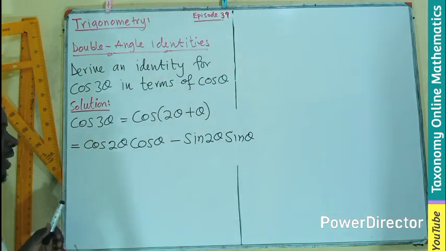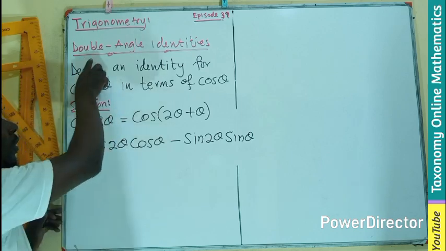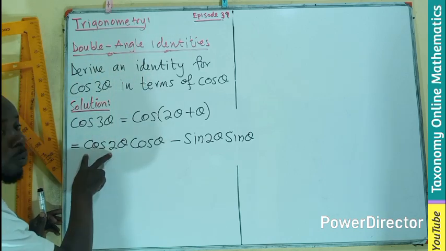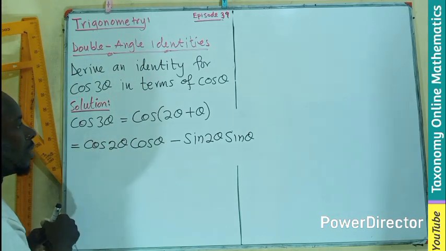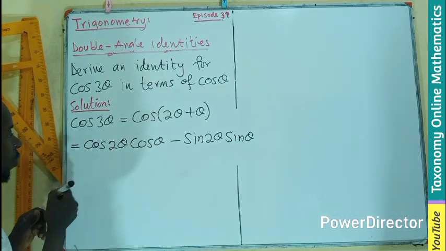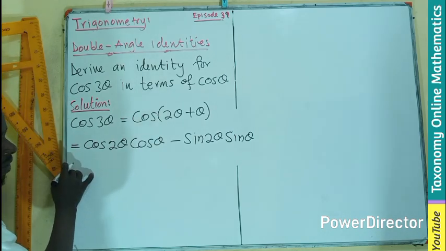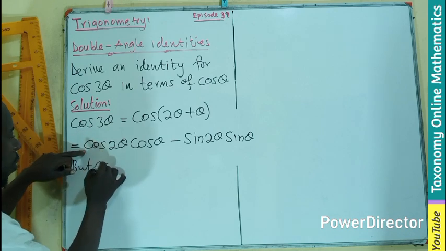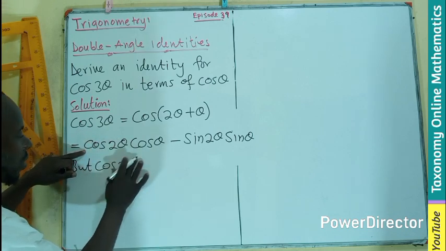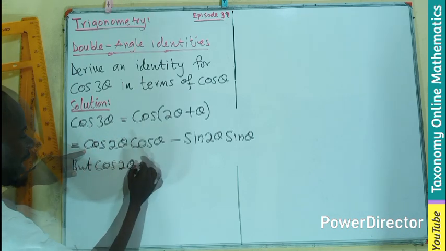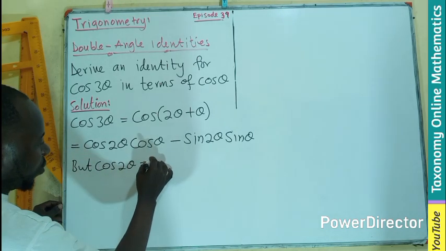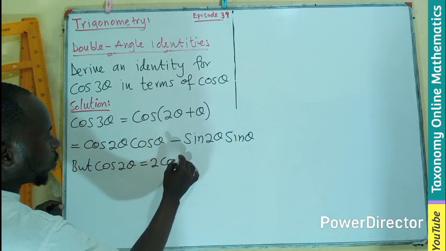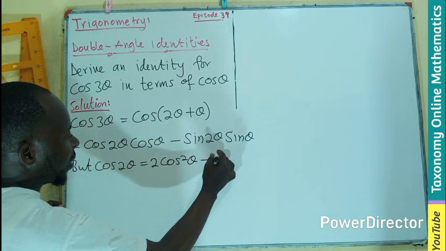This is the sum. Now, if you look at this, this is also the double angle identity. This is what we just did in the just ended 2 episodes. So from the last episode, cos 2 theta will be 2 cos square theta minus 1.